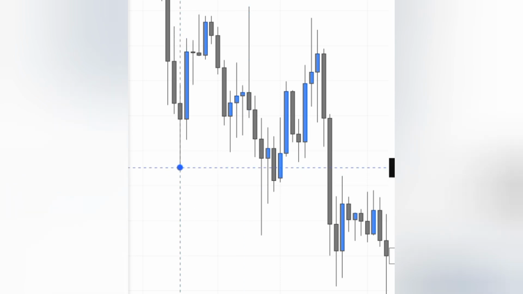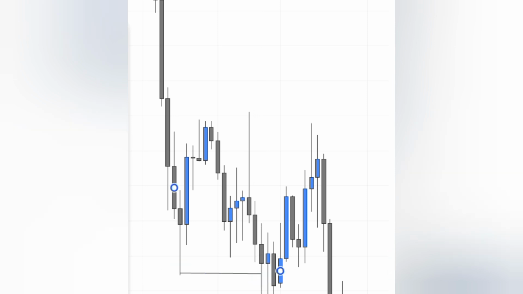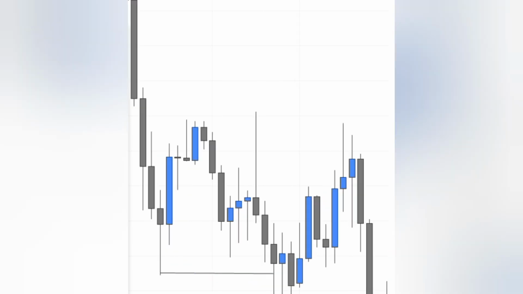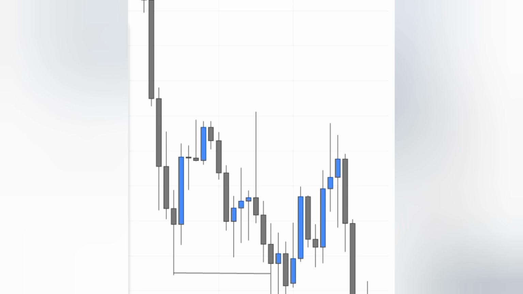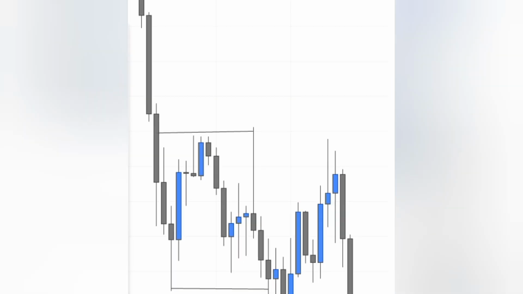So after getting this break of market structure, we always go up here, because this was the high. Remember, this was the high that led to the break of market structure, guys. That was the high, this was the low.